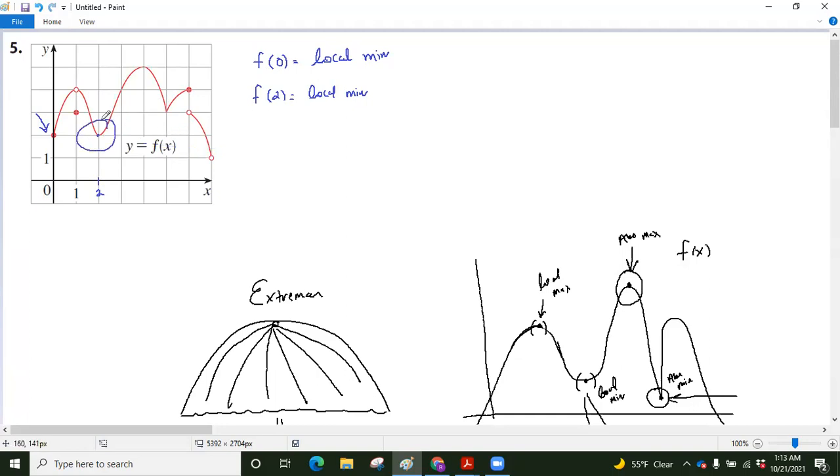So we can't say it's an absolute minimum. We would be forced to say it's a local minimum, because if we zoomed in on this particular point, all these points to the left and to the right are greater than this point. They're all higher up than this point. So this is definitely a local minimum.